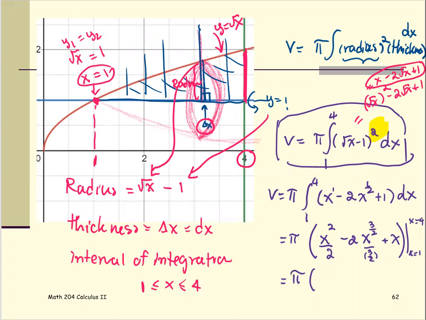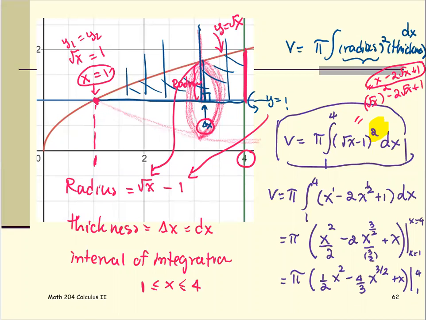So pi as a coefficient, this is 1/2 x squared. Divided by a fraction means multiply by the reciprocal. So it becomes minus 2 times 2 over 3. And it becomes 4 over 3 of x to the power 3 over 2 plus x. Evaluate from 1 to 4.